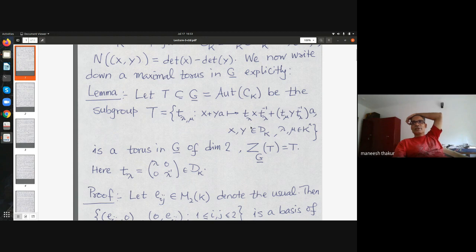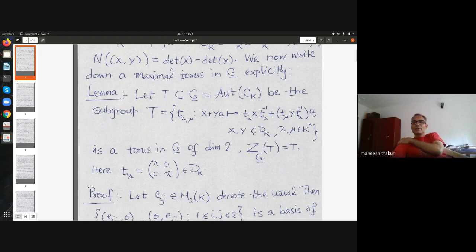It's conjugating X by T lambda inverse, and here it is T mu y T lambda inverse. If you wish, you can put a T lambda here if it satisfies your curiosity, and then multiply by T lambda inverse to T mu. So that will be the norm one element that we have seen before. So this is that kind of automorphism. Okay?